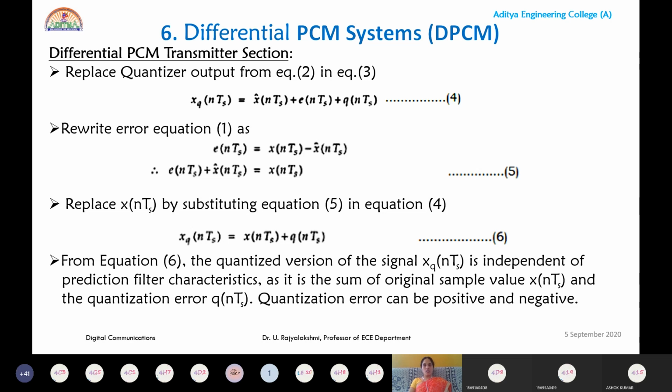Please rearrange this equation to get the present sample value, because you are going to predict that. So how can you rewrite this?